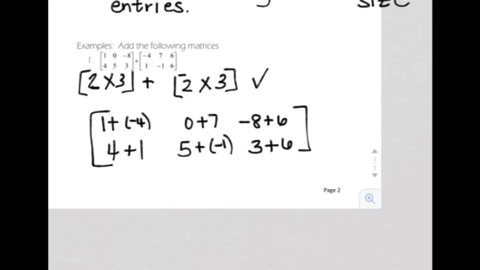Simplifying that, you just get 1 plus negative 4, which is negative 3, 4 plus 1, which is 5, 0 plus 7, which is 7, 5 plus negative 1, which is 4, negative 8 plus 6, which is negative 2, and 3 plus 6, which is 9.